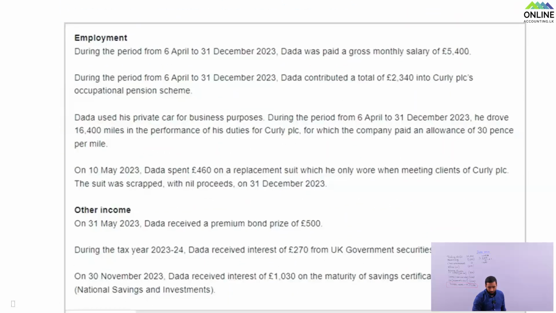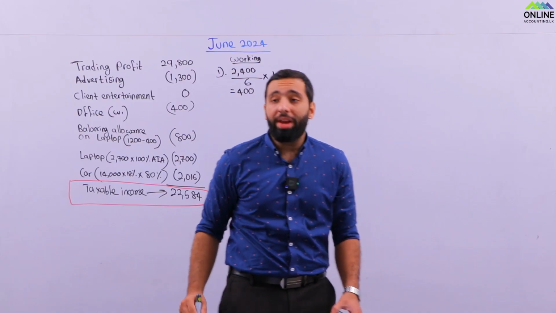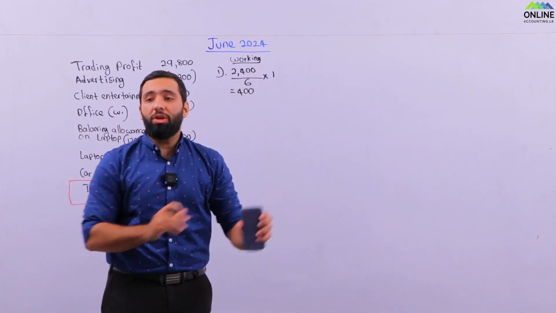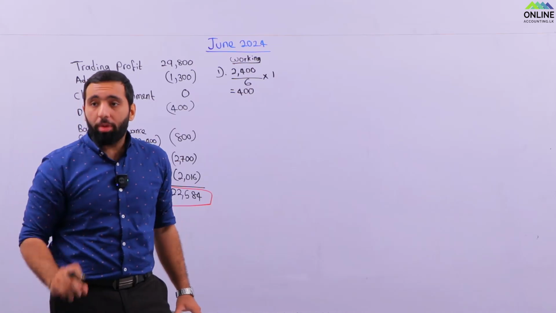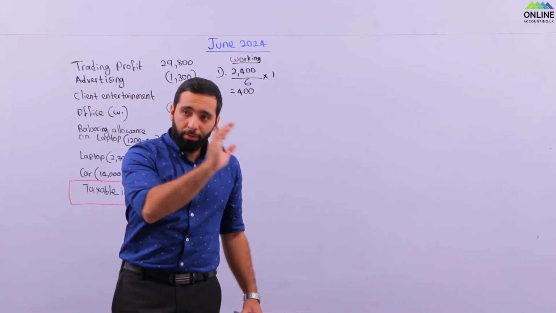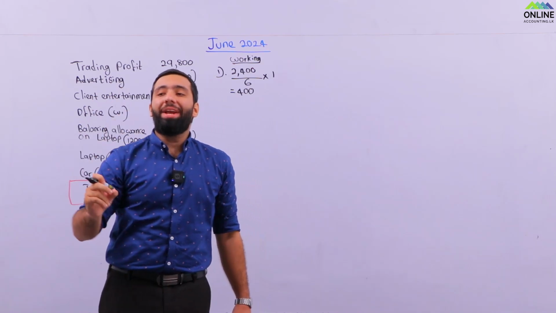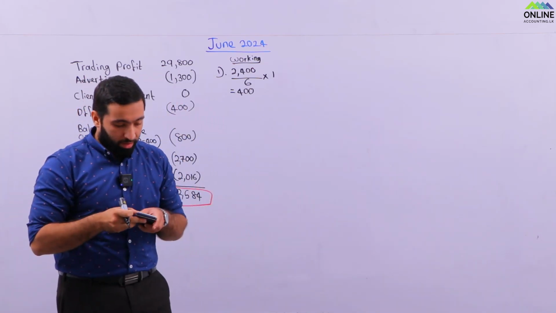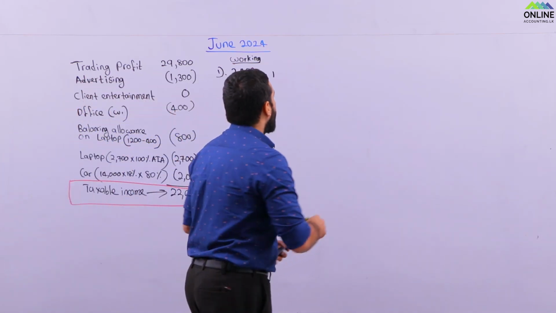So we are moving on. Yes, this is very straightforward. So first of all, what you need to do, the employment income: during the period of 9 months, that is from April to December, D was paid a gross salary of 5,400. That is very important. Okay.